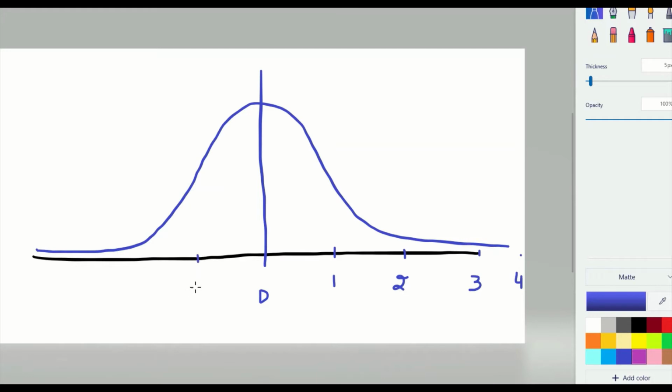Similarly, going down, that's -1, -2, -3, and -4.